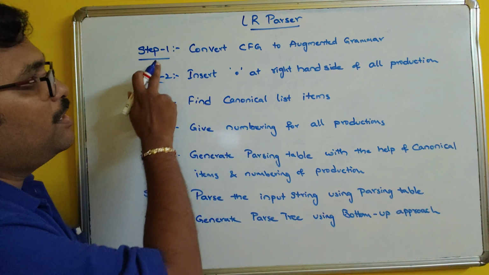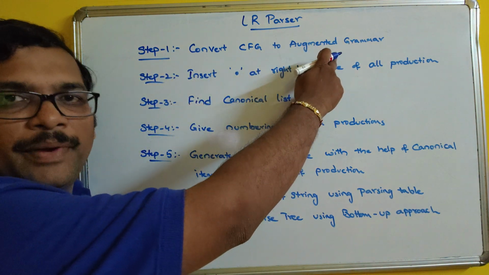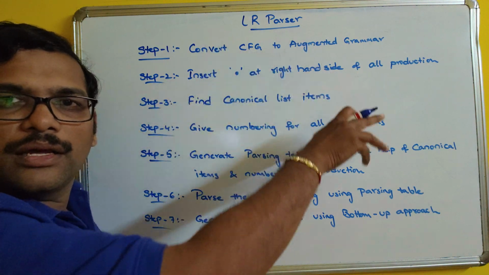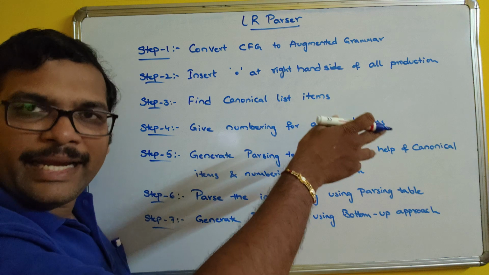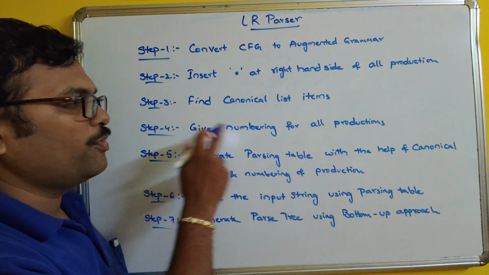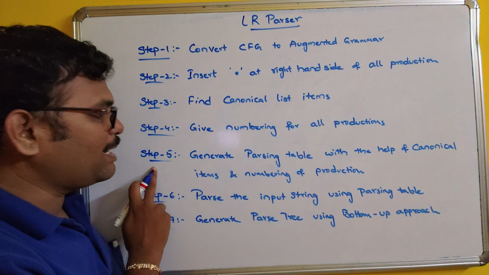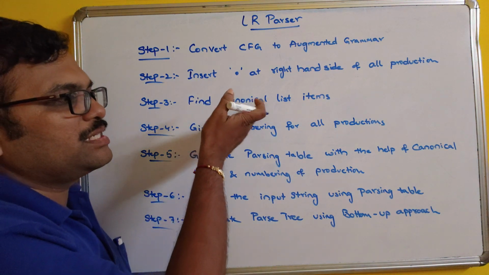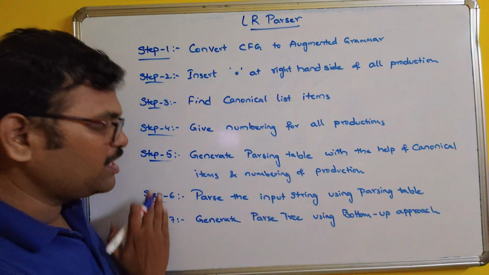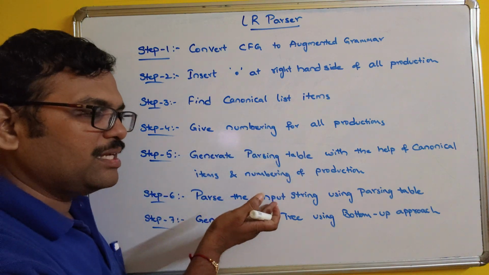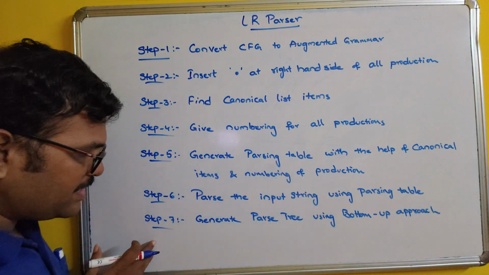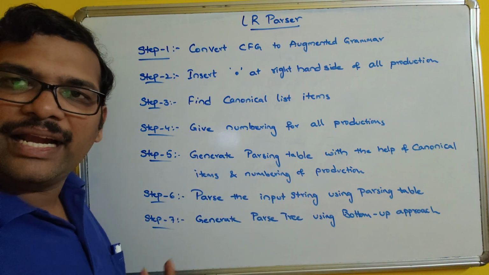So first, convert the CFG to augmented grammar; second, insert the dot on the right hand side of all productions; step 3, find the canonical list items; step 4, give the numbering for all productions; step 5, using the canonical list items and the numbering of productions, generate the parsing table; step 6, with the help of the parsing table, parse an input string; and step 7, finally generate the parse string.